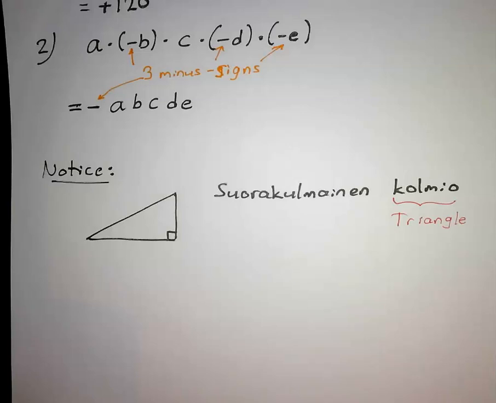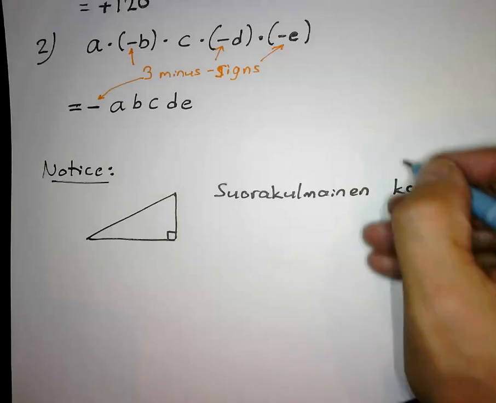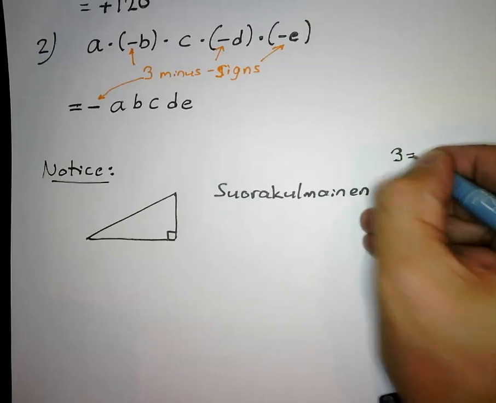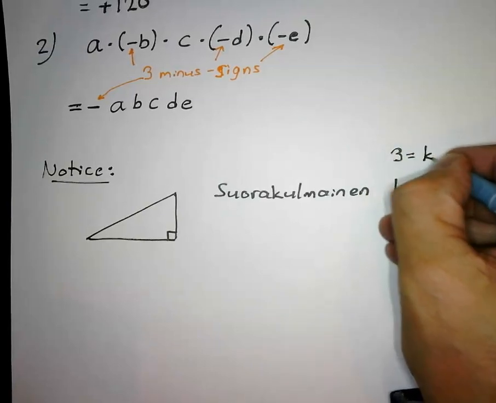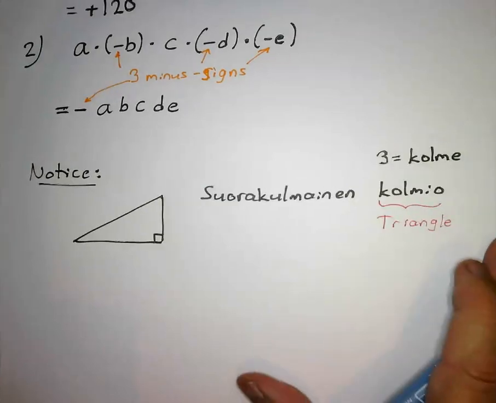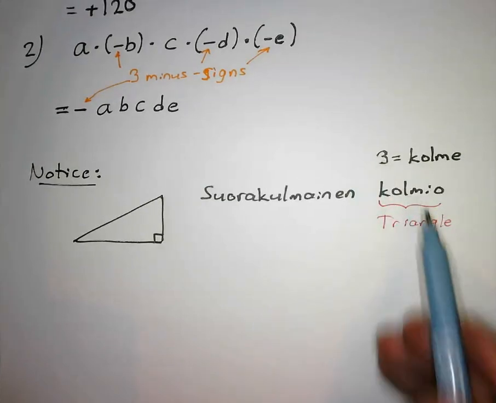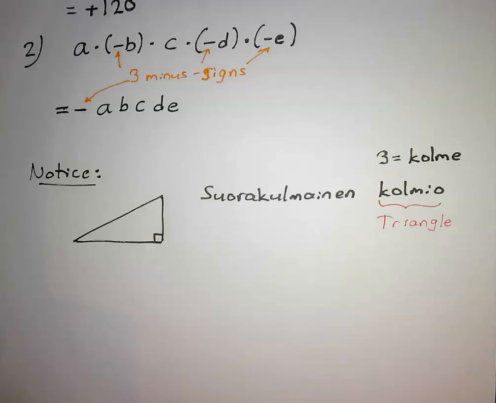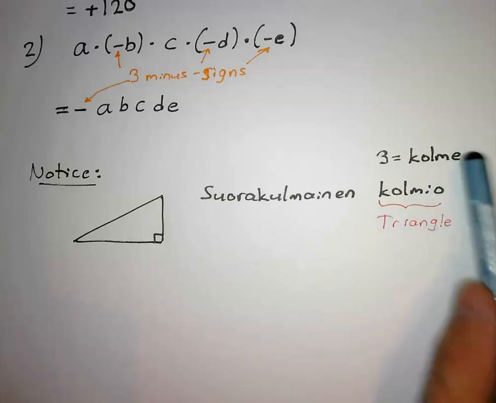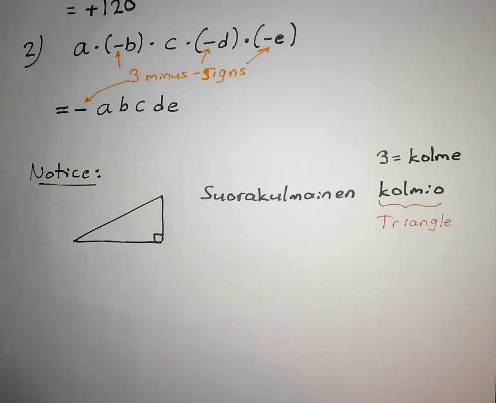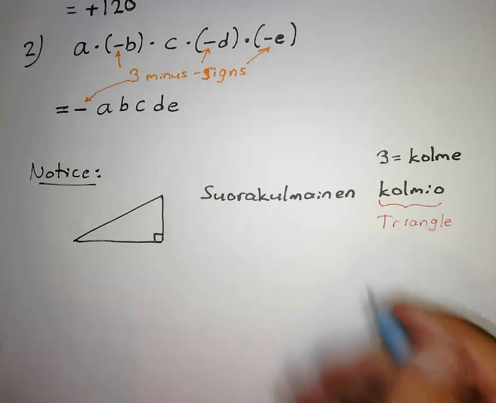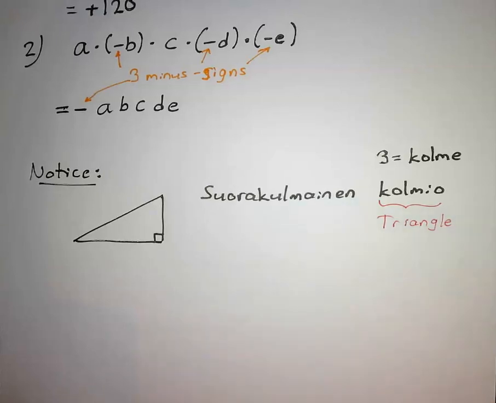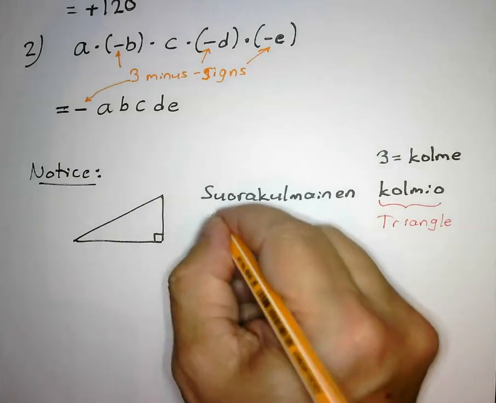If you know Finnish numbers, 3 is kolme in Finnish, so that's where the name of the triangle comes from. There are 3 angles in a triangle or kolmio. That's why the name is almost the same as the number in Finnish. And this suorakulmainen means rectangular or right angled.